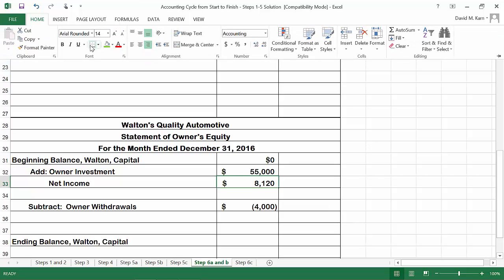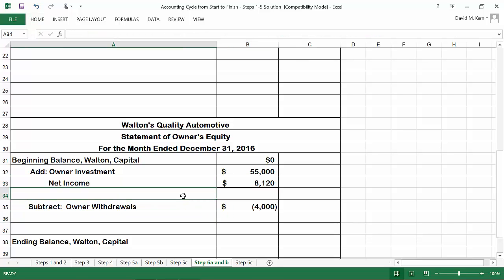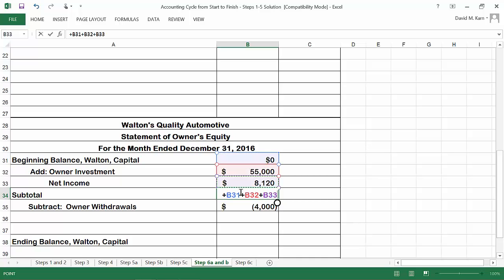Okay, now what we can do here is we'll subtotal this out. Let's total this up here. So we'll put subtotal here. So we would take the 0, obviously we would add the 55,000 and the 8,120, and we get a subtotal of 63,120.